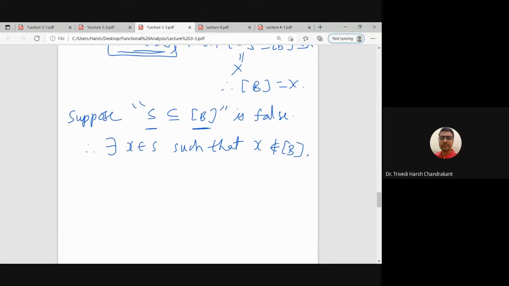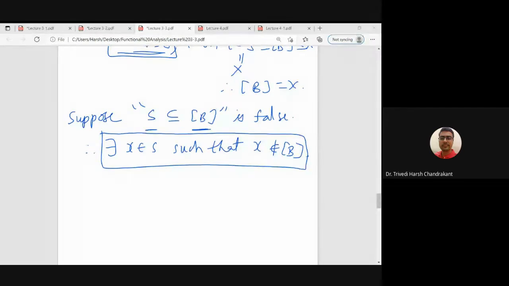Okay, so now we got an element which is not in the span. We used this thing earlier also. If we have an element which is not in the span, then what can we say about that element? If we add that element, the new set will also be linearly independent.